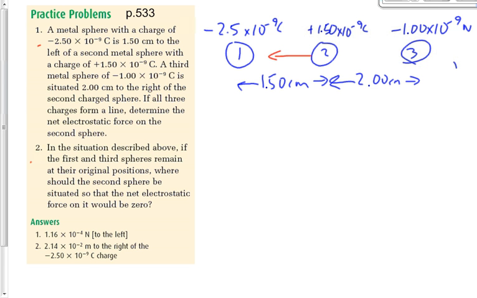Which way is 2 pushed or pulled as a result of charge 3? If 2 is attracted to number 3, which way does it go? To the right. Good. So F12 is an attractive force towards number 1, and F32 is an attractive force towards number 3.